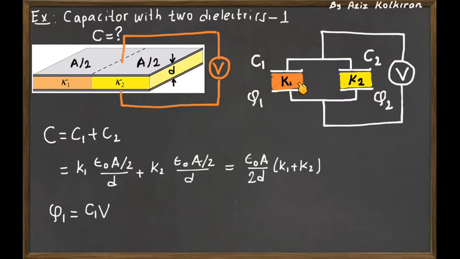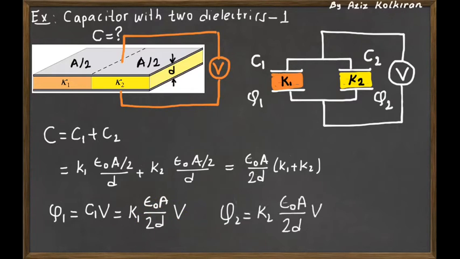For example, the first capacitor will have a charge on one of the plates of C1 times V, the potential difference, and this is nothing but K1 epsilon 0 A divided by 2D times V, and the charge on the other capacitor, which has the dielectric constant K2 in between the plates, will be K2 epsilon 0 A divided by 2D times V. So the charge ratio Q1 divided by Q2 will be nothing but K1 divided by K2.